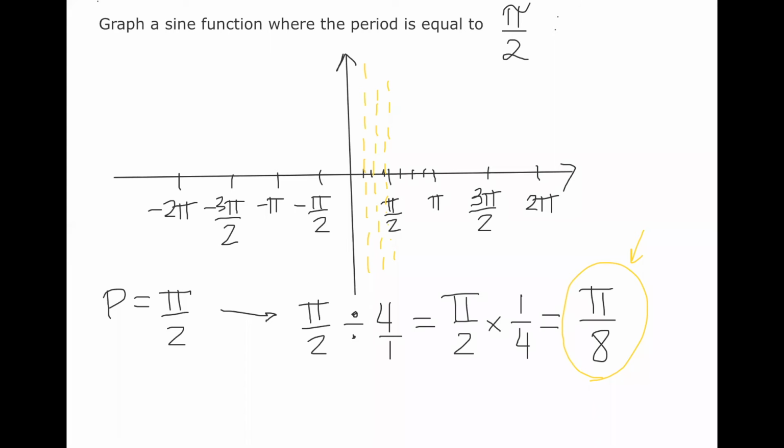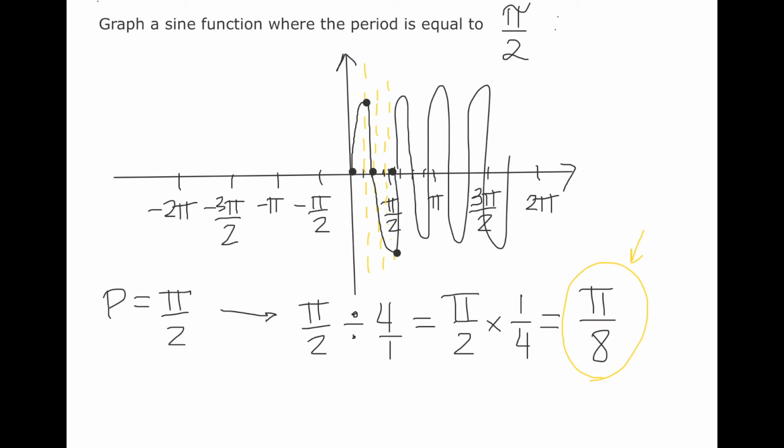So I started at 0, 0. And then I have a point of maximum at pi over 8. Then I go down, back to the x-intercept, then I have a point of minimum. Then I go back, and I'm going to keep on doing that forever, but I'm not going to do this over here because it's going to turn into a mess. But my graph's going to look something like that, and it's going to go on forever like that, right? To scale, obviously, which I didn't do right now.